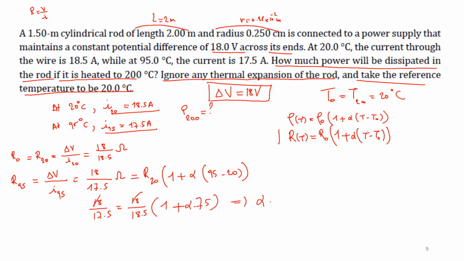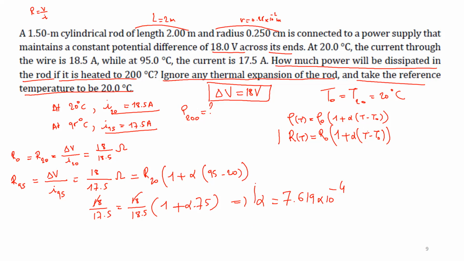So my alpha, I can calculate it. If you do the calculation, you will find alpha, I find like 7.619 10 to the power minus 4.